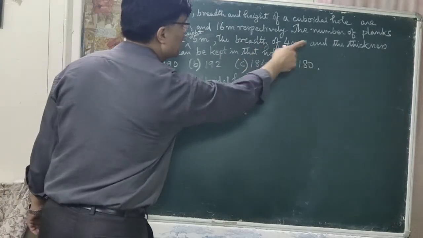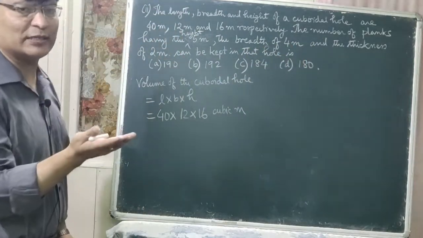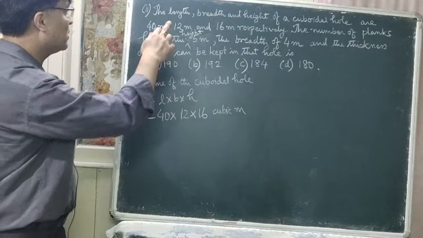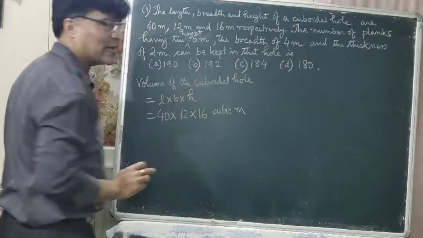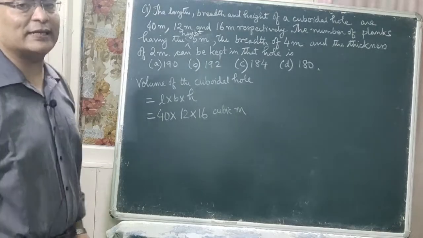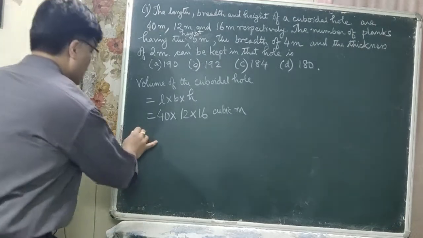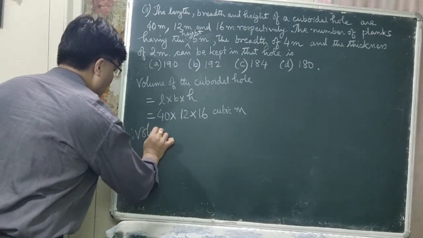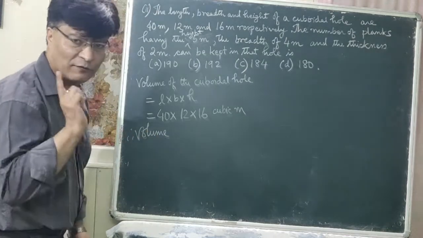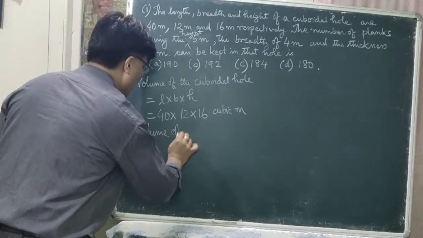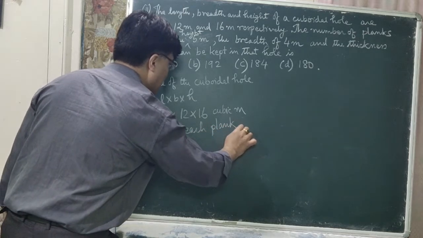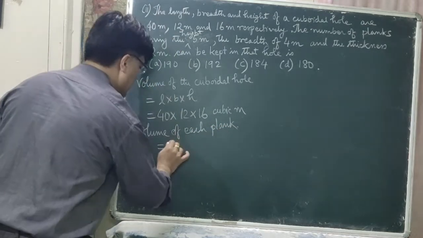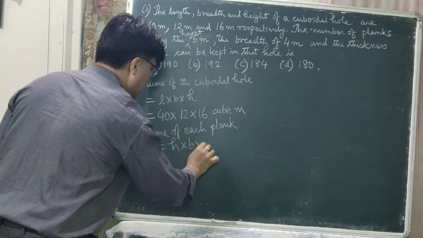Height into breadth into thickness. This is just like your length into breadth into height. Okay? So let us take this height as length, breadth as breadth, and this thickness as height. So you can easily get the volume of each plank. So therefore volume of each plank means volume of one plank. Volume of each plank, this is also height into breadth into thickness.